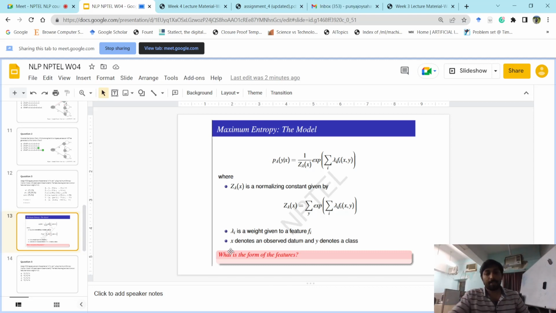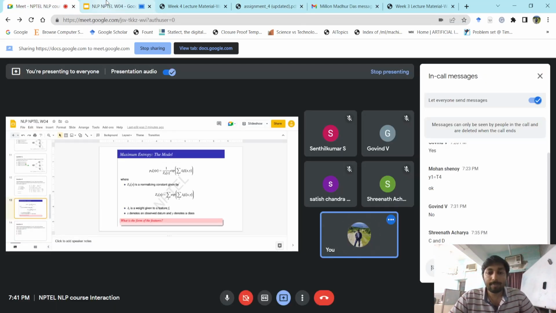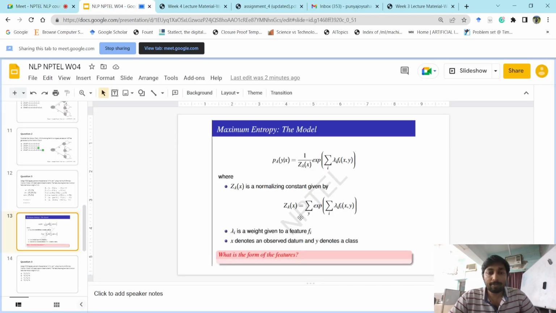And if you read the lecture, you will see that we get this from solving a Lagrangian equation. We will not go into the details of that.